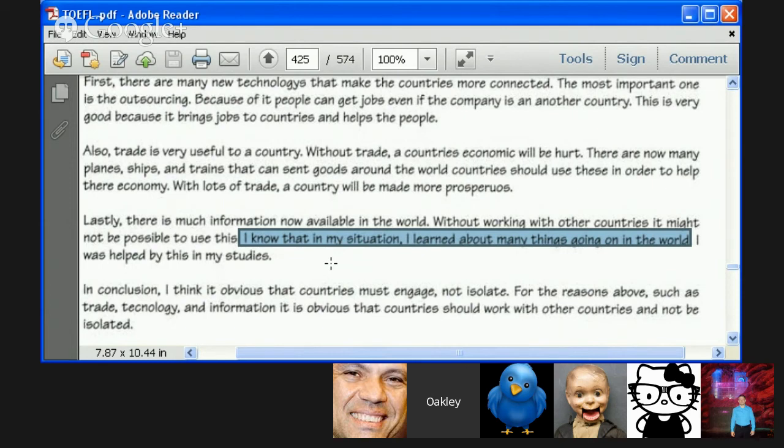You know what would be much better? "Because I work as an IT specialist, I know how important this is." Well, there you go. There's a very specific transfer of information. "Because I work in the IT industry, I understand transfer of information is an essential element of any business." How about that as a much more specific example? It doesn't have to be true. I'm a teacher. Who cares? Doesn't matter.